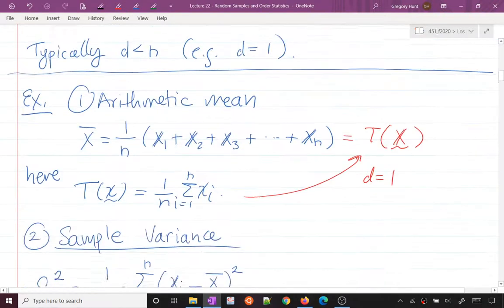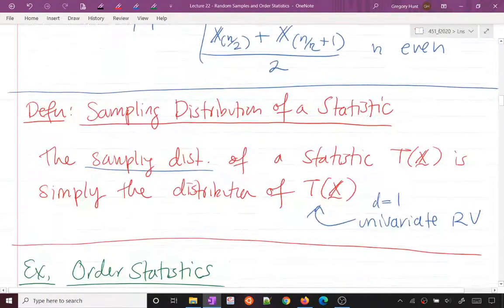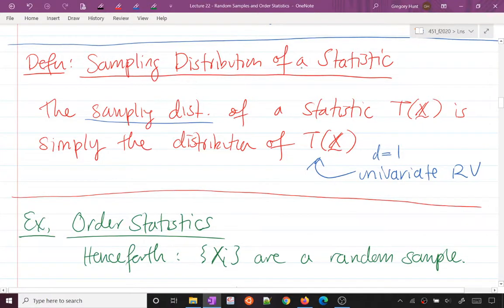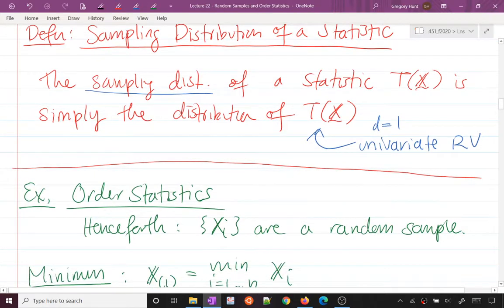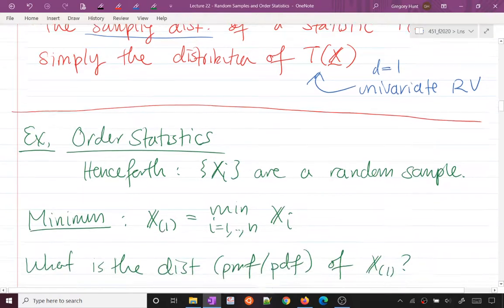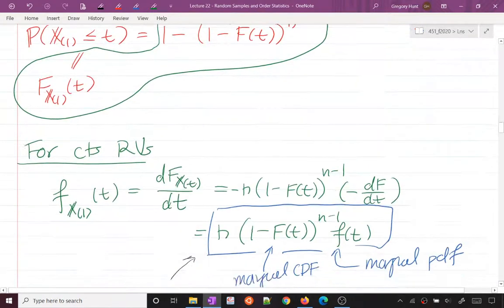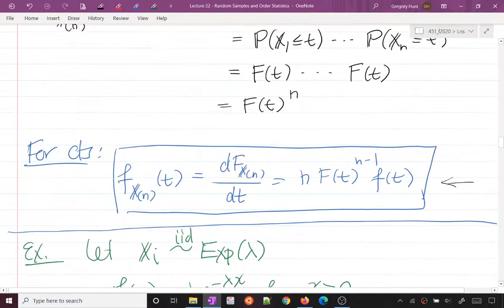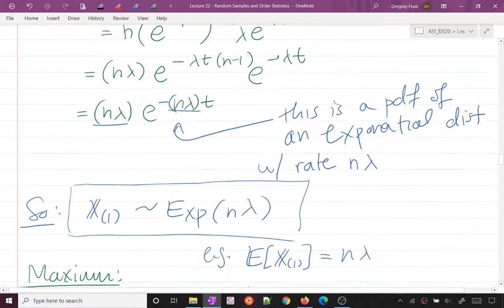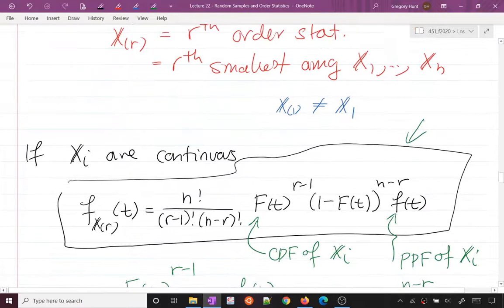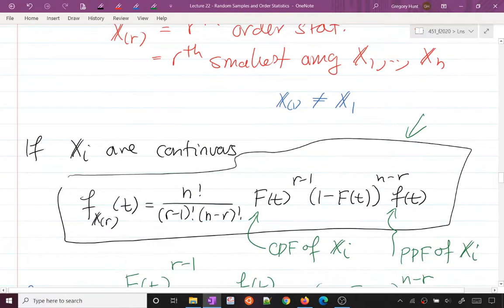A statistic is just a function of a random variable, and today we looked at some statistics. And we wanted to look at the sampling distribution, or just the distribution of the statistics. Statistics are just other random variables, typically univariate random variables, which are functions of my random sample. And so we looked at the distribution of the minimum, which you can kind of cleverly get, or the distribution of the maximum. We looked at some examples from the exponential, and then we looked more generally at the order statistics. You can get the marginal distribution of any order statistic.